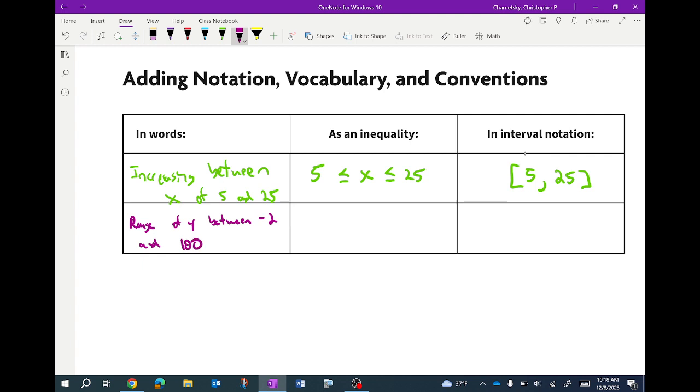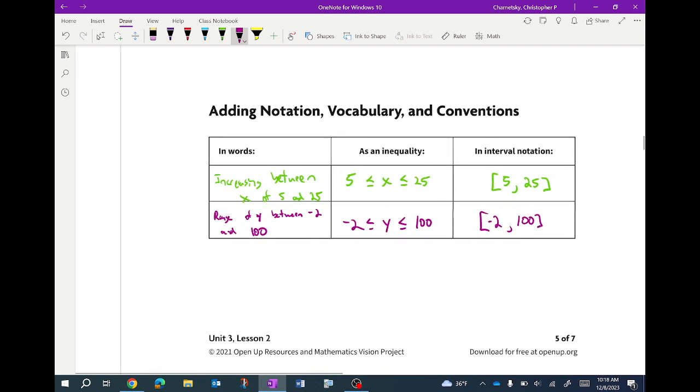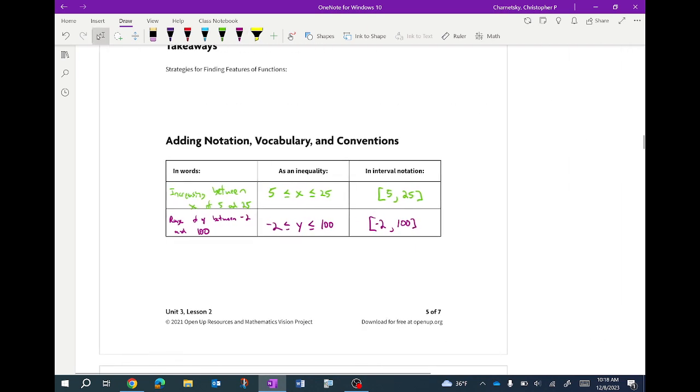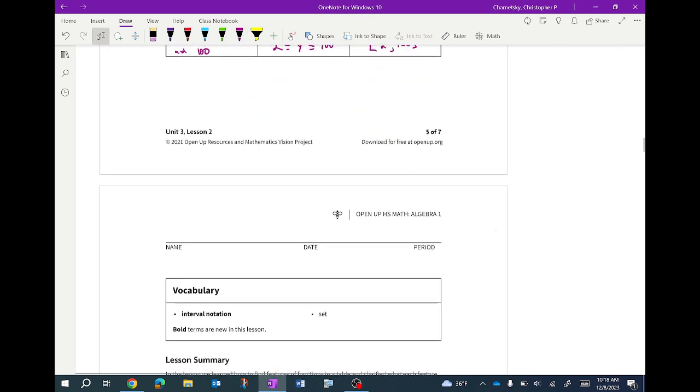I would write that as an interval or as an inequality, and since we're dealing with range, we would be using y numbers. So y between -2 and 100. So two different ways that we can write notation for that. Okay.